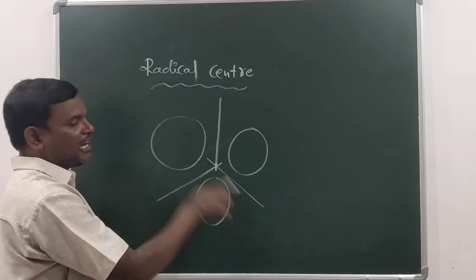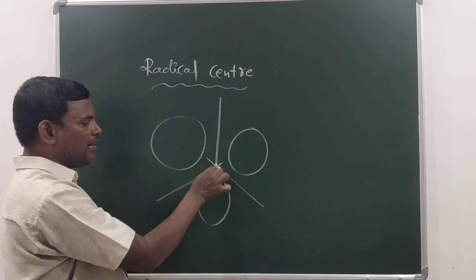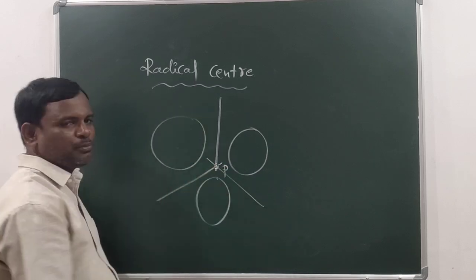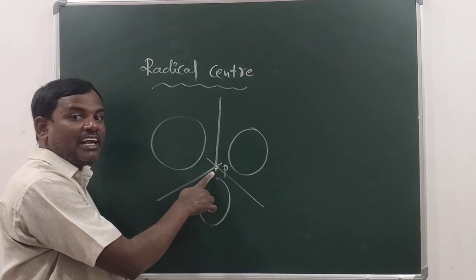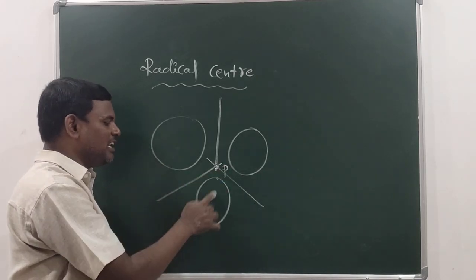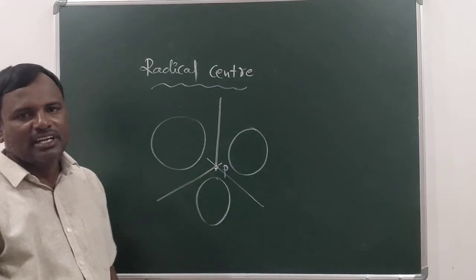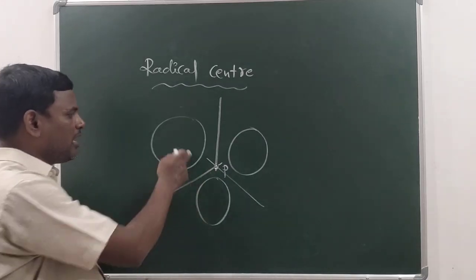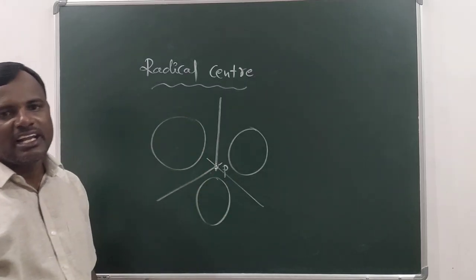These three radical axes are concurrent at one point. Let us say this point is P. This point of concurrency of the radical axes of these three circles is known as the radical center. So here I have taken three circles and I got three radical axes.